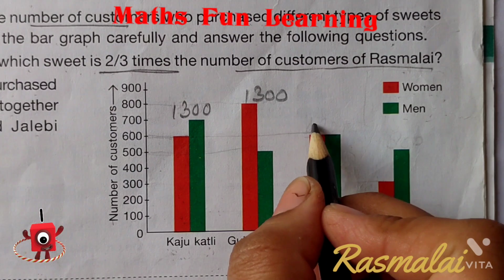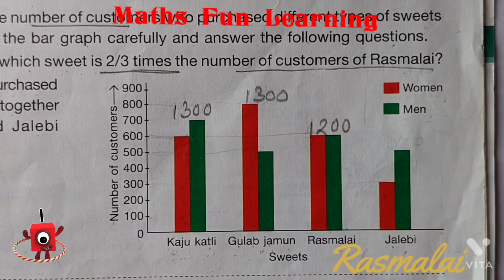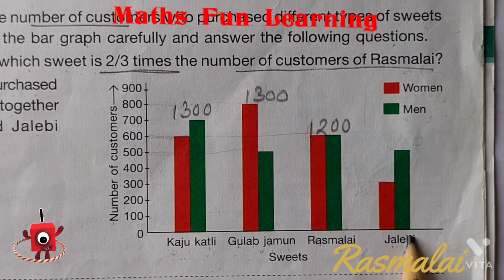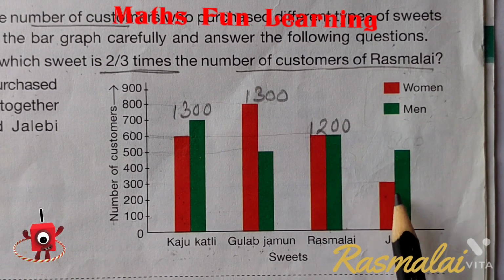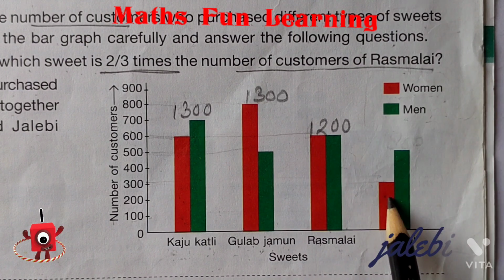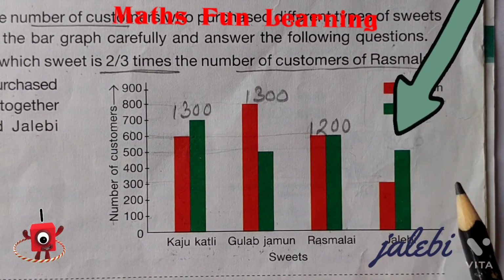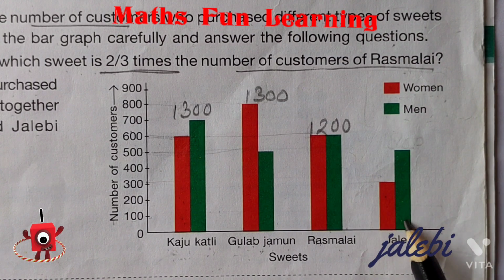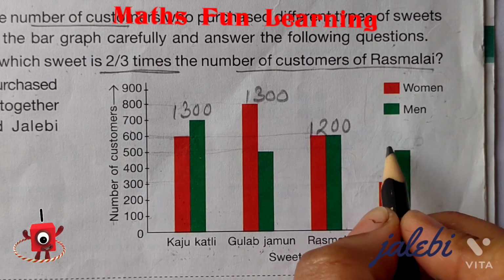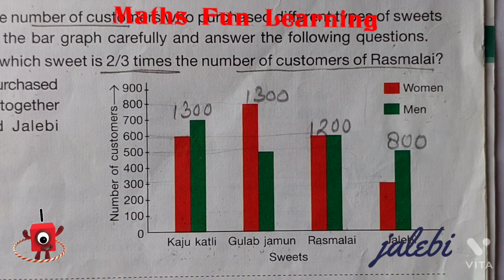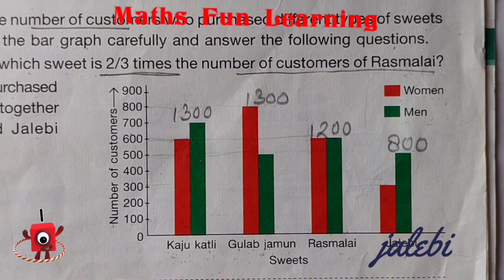If you add both, you will see the total is 1200 customers of Ras Malai. Now let's see the Jalebi. 300 women bought Jalebi and 500 men bought Jalebi. So 500 plus 300 is 800 customers of Jalebi.